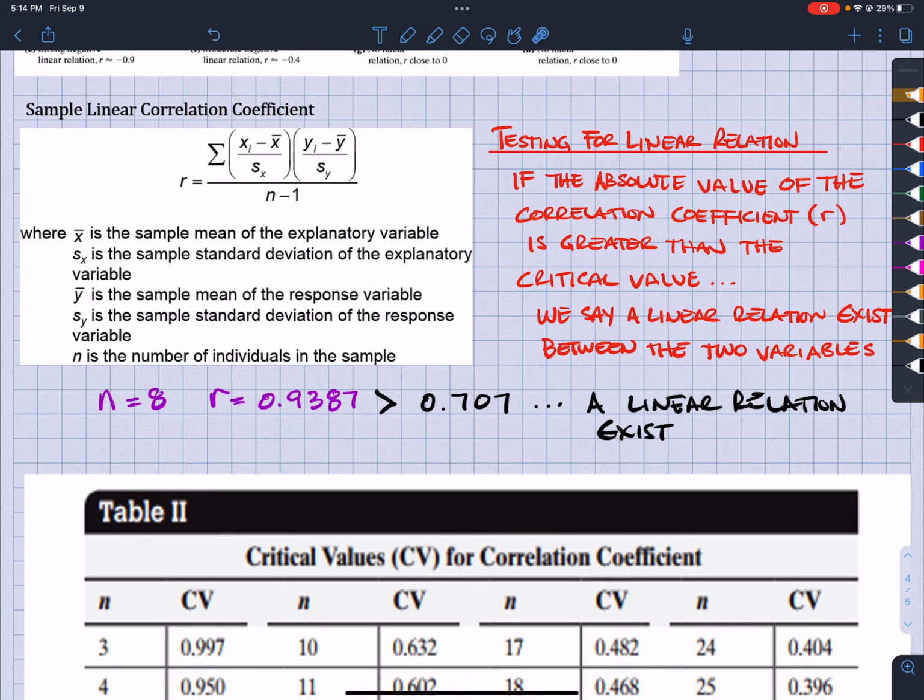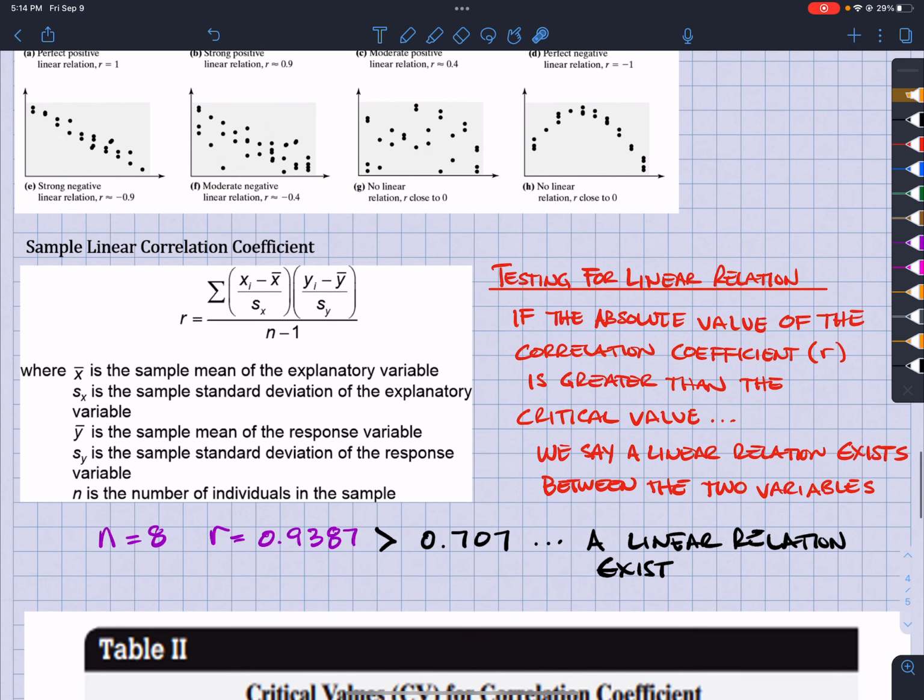Now, if this R value that we got, or the correlation coefficient that we got, is less than this, then no, there is no linear relation occurring, okay? And the biggest example would be, hey, what if we had only 3 points, right? If I only had 3 points, how am I supposed to draw a line through, and say it's linear or not linear, right?